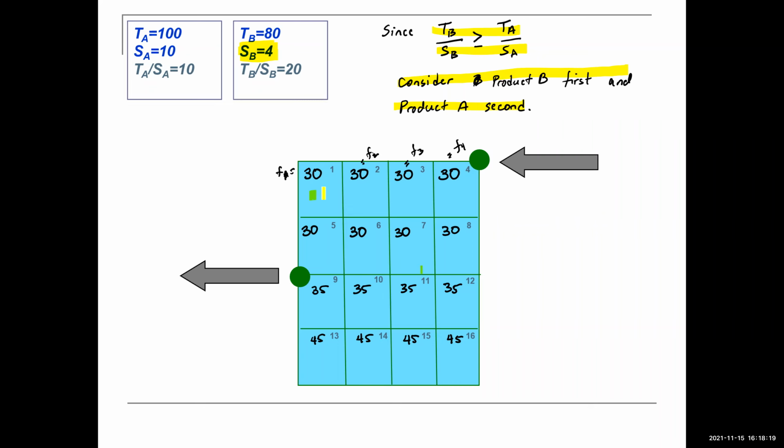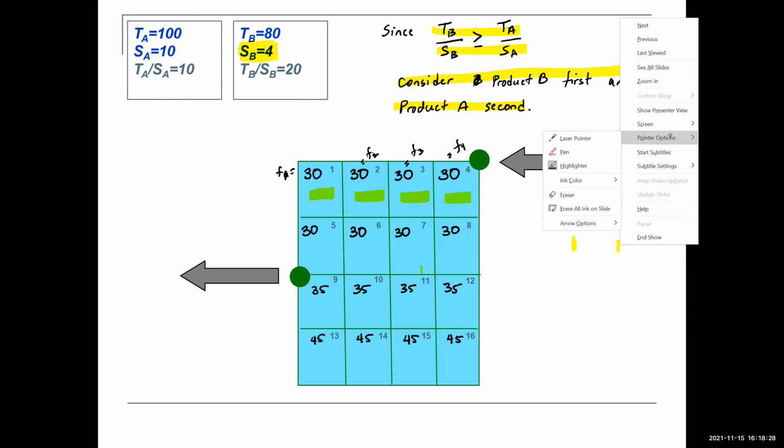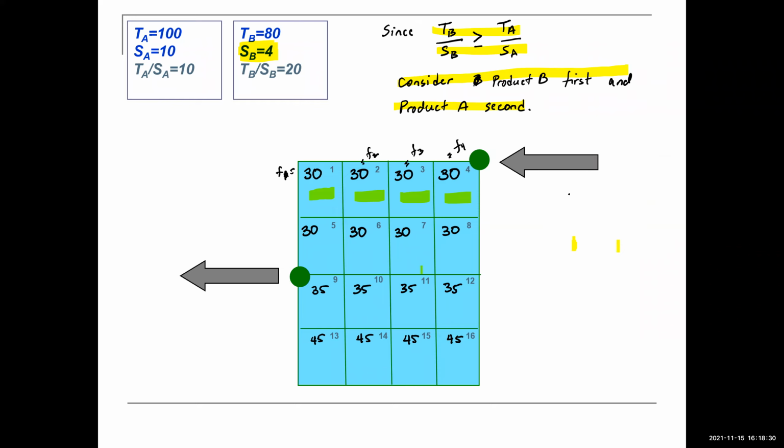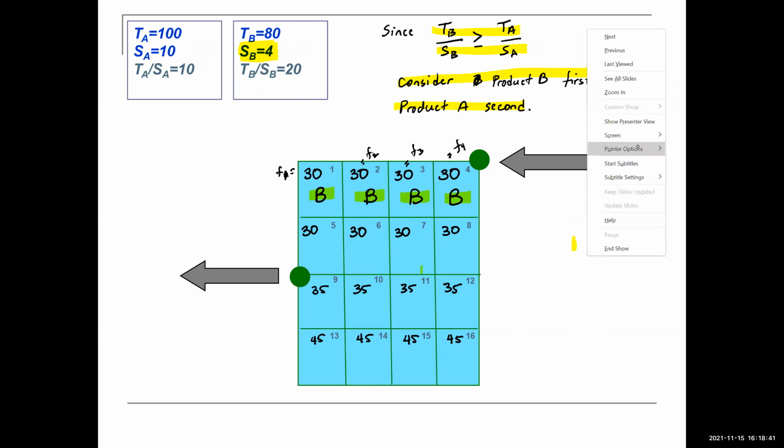So I'm going to assign this, and this for B. So B is here, B, and D. And then A requires only 10.